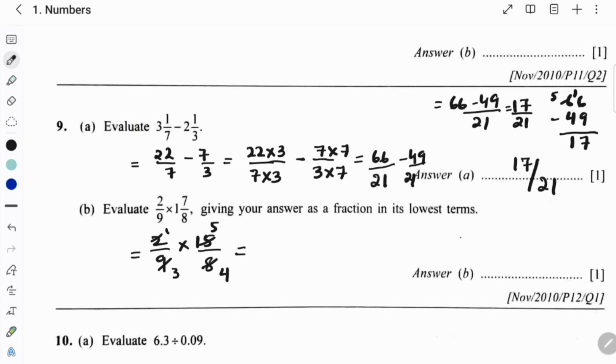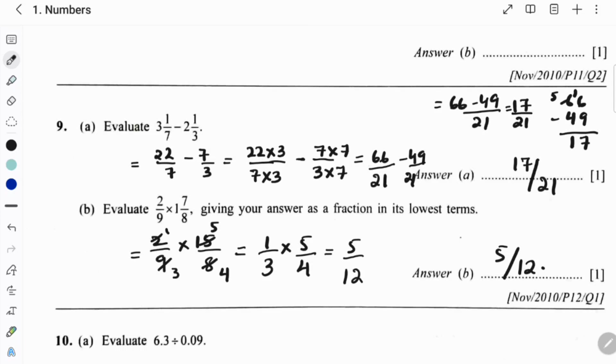So simply 1 upon 3 is left in the first fraction and 5 over 4 is left in the second fraction. So 5 upon 3 times 4 is 12 is the answer. So 5 upon 12 is the answer. You can simply multiply both of them and simplify the fraction later, or you can do it before. If you do it before, this is becoming easier.